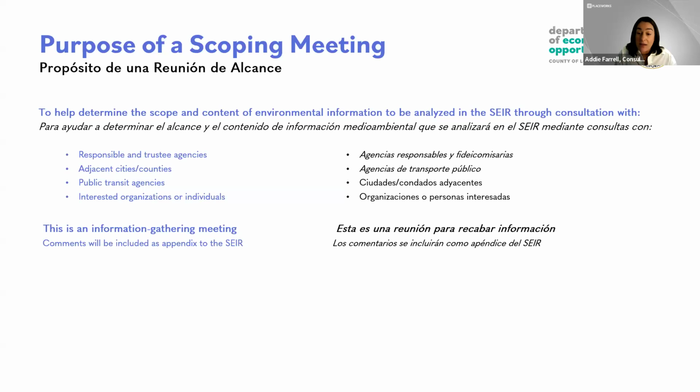So the purpose of the scoping meeting tonight is really to facilitate coordination and consultation between the lead agency, the county, and any responsible agencies, adjacent cities, municipalities, public transit agencies, as well as, of course, interested organizations and individuals. So thank you all again for taking time to engage in this process.